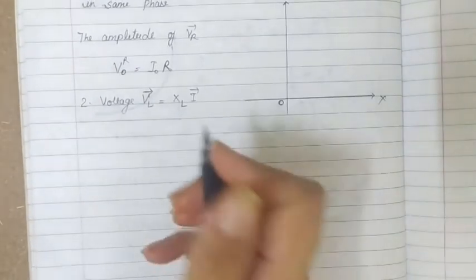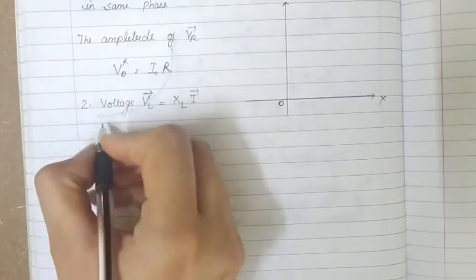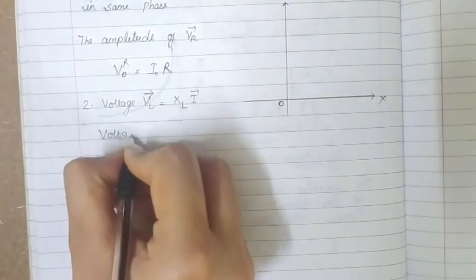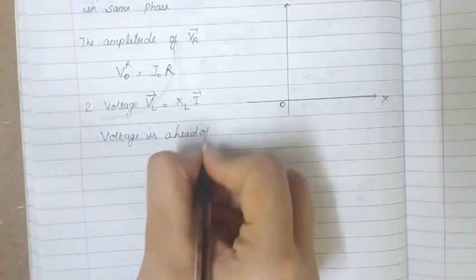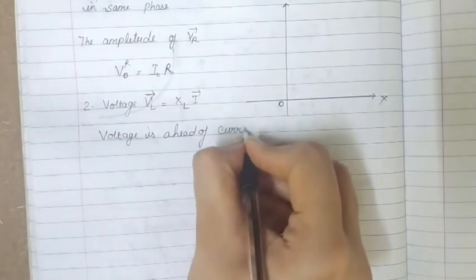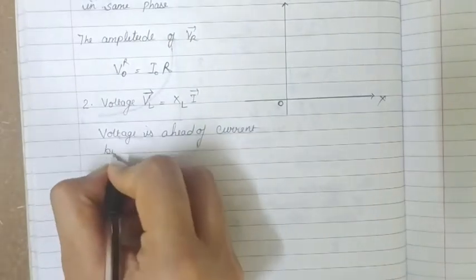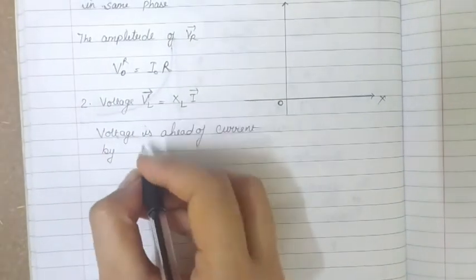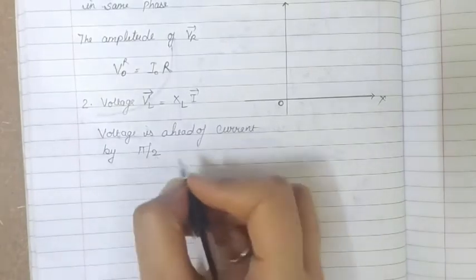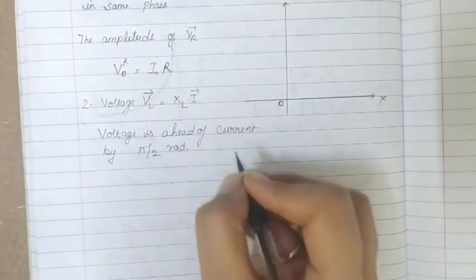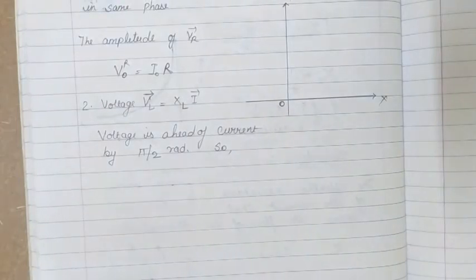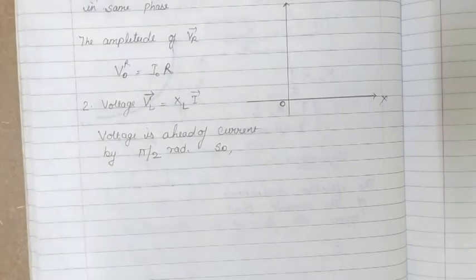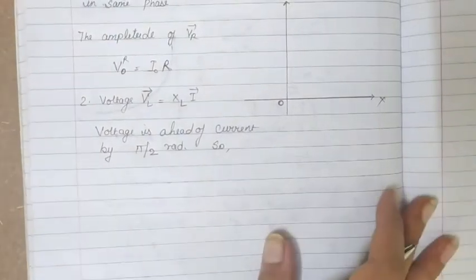In case of an inductor, voltage is ahead of current by pi by 2 radians. So the phasor VL vector lies pi by 2 radians anti-clockwise with respect to the phasor I, right?